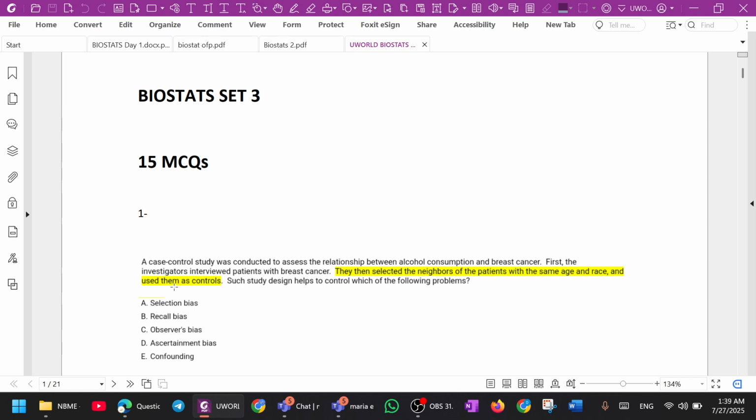They are interviewing somebody with breast cancer, but they are selecting the controls from the same age, race, and sex. So there may or may not be a relationship with this. Like in confounding bias, initially we are thinking that there is a relationship, but in the long run there is no relation.